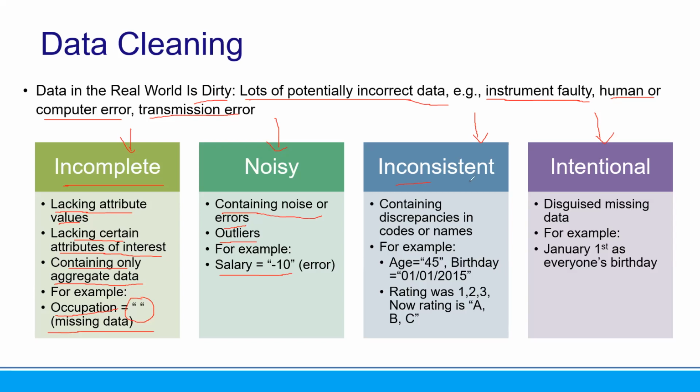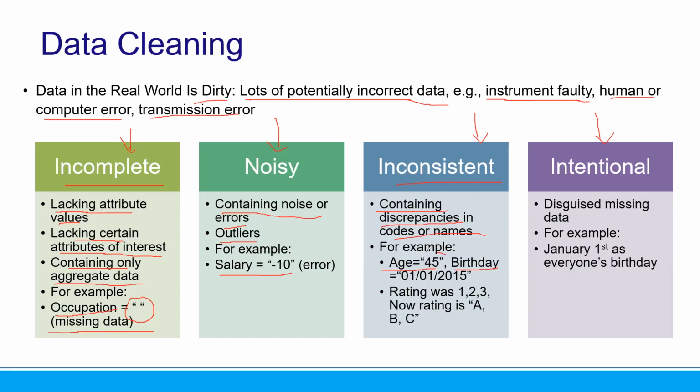Inconsistent. I think we already learned something about this, like the date format. But instead of the date format, the inconsistency can be related to discrepancy in codes or names. For example, I have the attribute age and the attribute birthday.